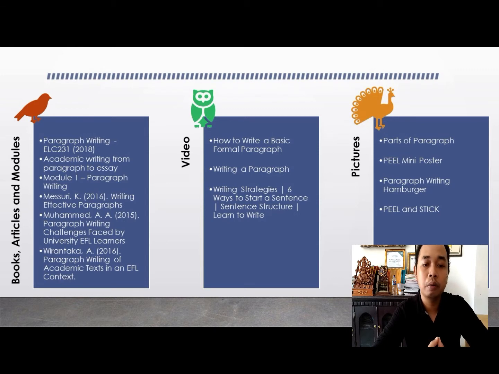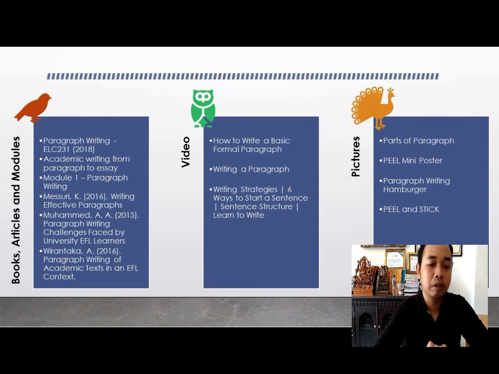So for the books, I use Paragraph Writing, ELC 239, and Academic Writing from Paragraph to Essay, and I provide one module so the students will have a better understanding of what a good paragraph is.